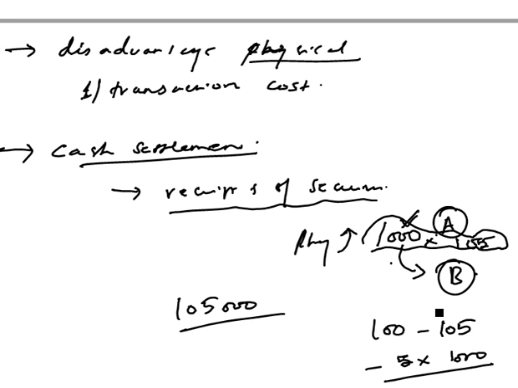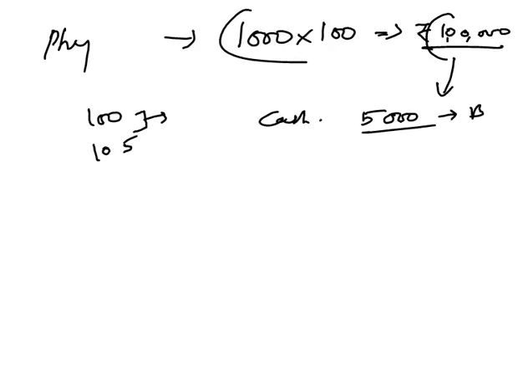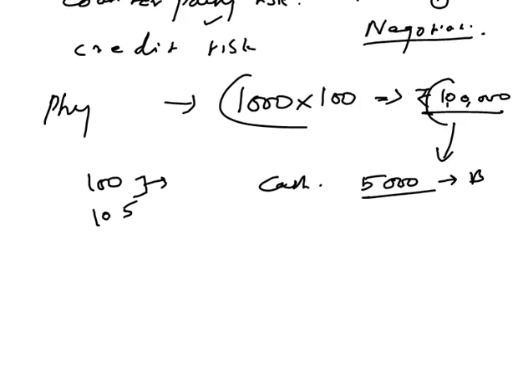So this is how the transaction cost is limited. We also saw three different scenarios that may be possible during settlement, and the default risk.